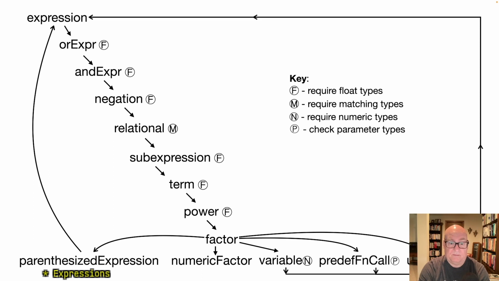And again, we have that pipe operator that lets us build things from things that got parsed. Okay, so I don't know where is the best place to start. There is no bottom because it's so mutually recursive.